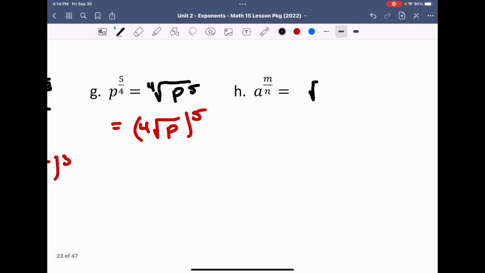I could do my radical with a, or whatever the base is, assign my denominator on the outside, my m to the power, or I could rewrite this as the nth root of a, raised to the exponent of the numerator, which in this case is m. So this one's not going to give us a direct value, but we can represent it in a couple ways.